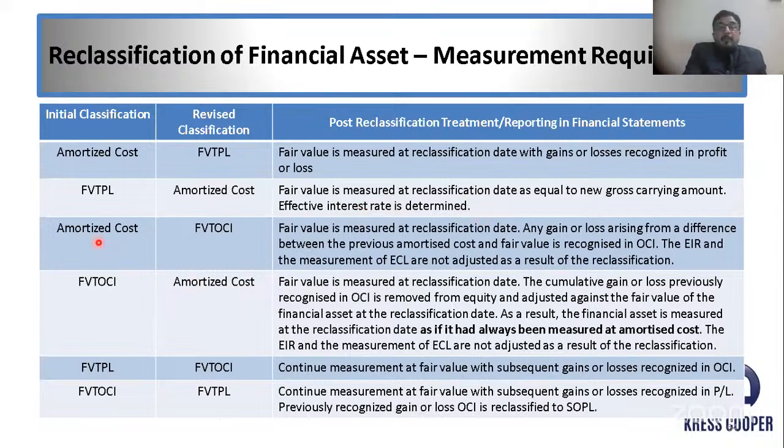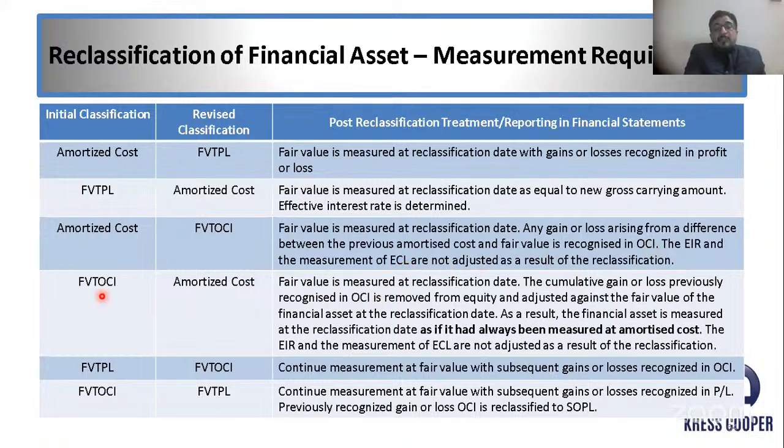And for amortized cost to fair value through OCI, the fair value is measured at the reclassification date. Any gain or loss arising from the difference between the previous amortized cost and fair value is recognized in OCI, and the EIR is measured for this, ECL, etc.